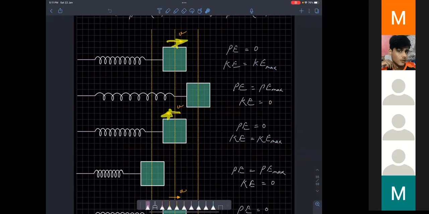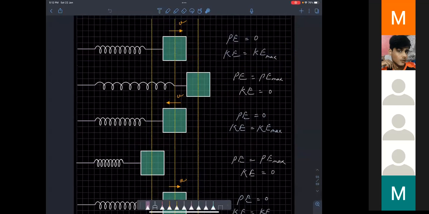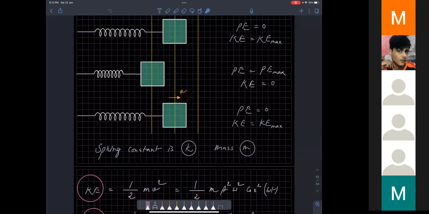So it has completed one cycle in half of the time period only. So for energy, the time period will be half of the time period of position, velocity or acceleration. That means frequency will double, 2 omega.